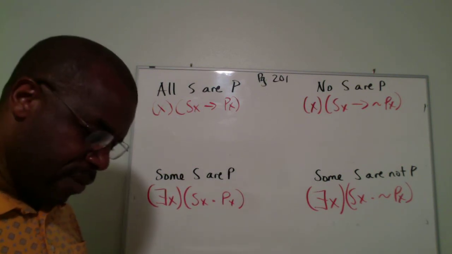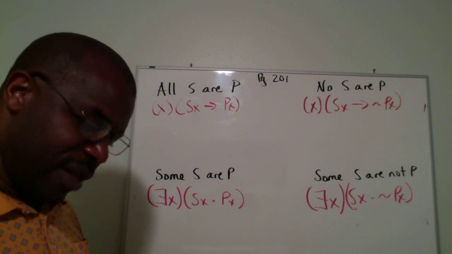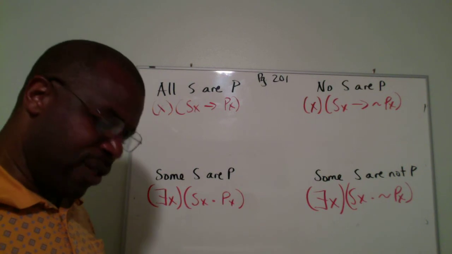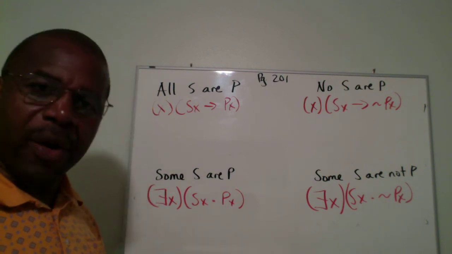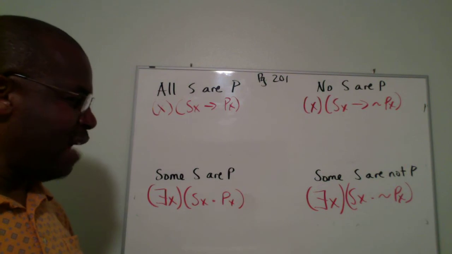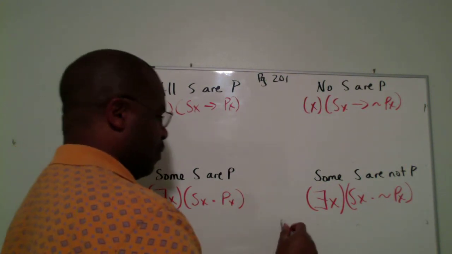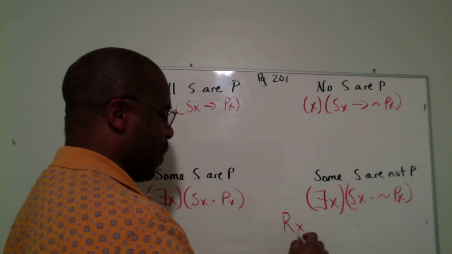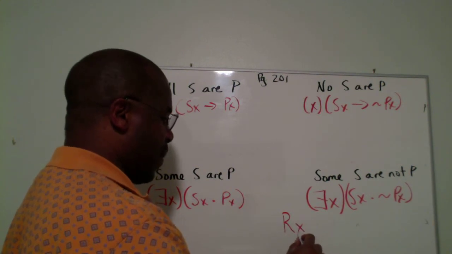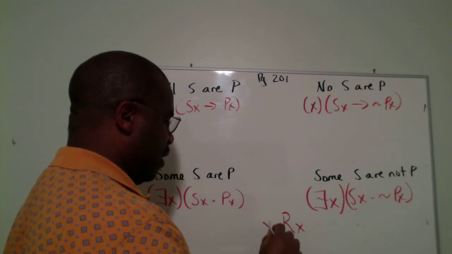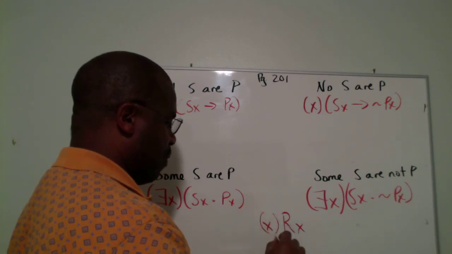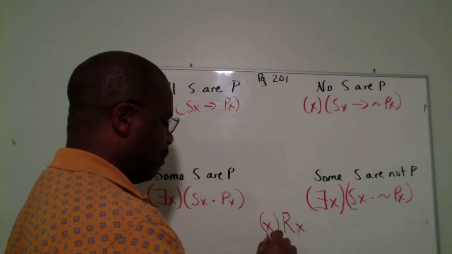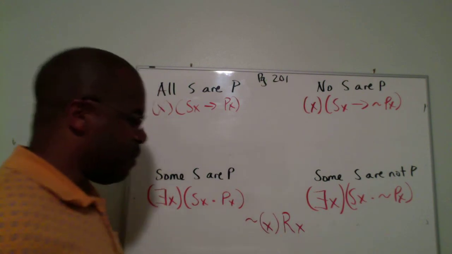And then you have nothing is right. That's a little less complicated because it has an is rather than an are. So it'll have the letter R and then x. And then you will have this here. Then that's tilde.